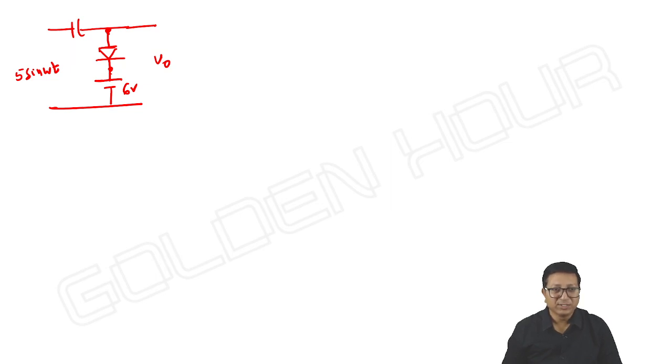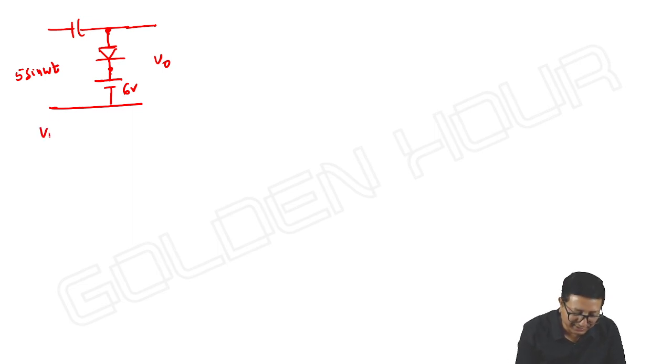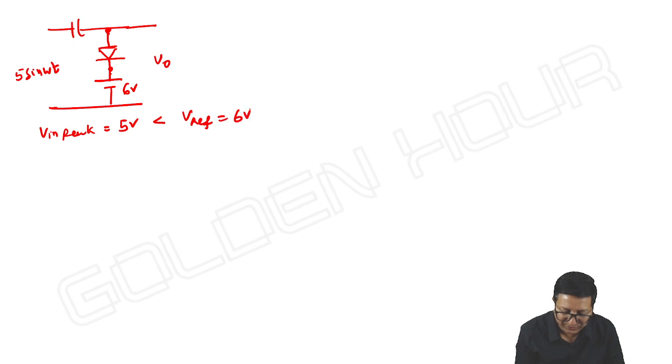Okay. So 0 to T by 4 if you take, what is happening? Diode is off. Or V input peak is less than V reference. I can write here V input peak is equal to 5 volts, which is less than V reference, that is 6 volts. So there is no scope for diode to conduct.